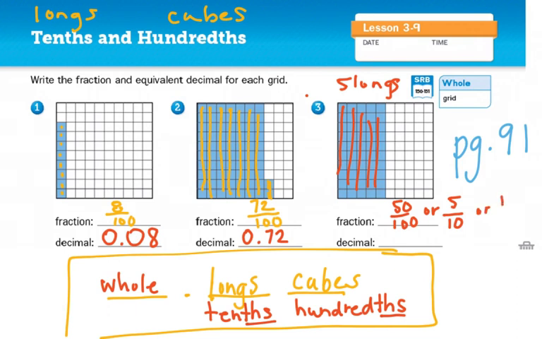Or I could even say half of it's covered. As a decimal, we're going to go ahead and say we have 0 entire flats, or the 100 grid. We have 5 longs. We also could call that 50 cubes. Either way, we can call it 5 tenths or 50 hundredths.